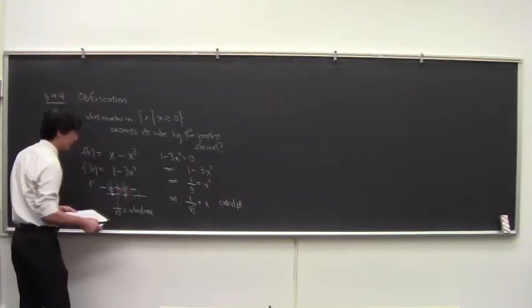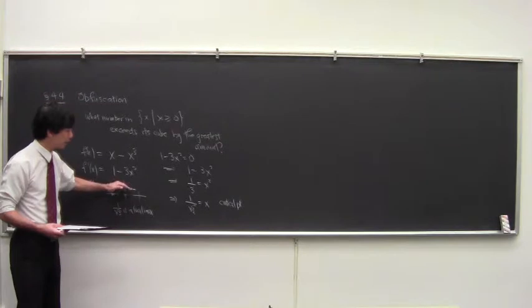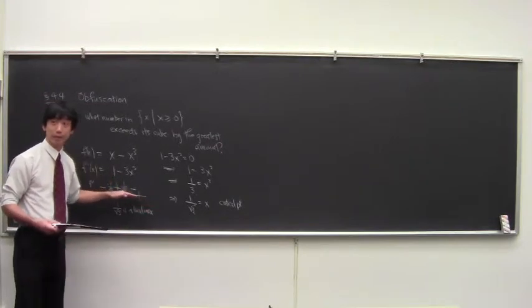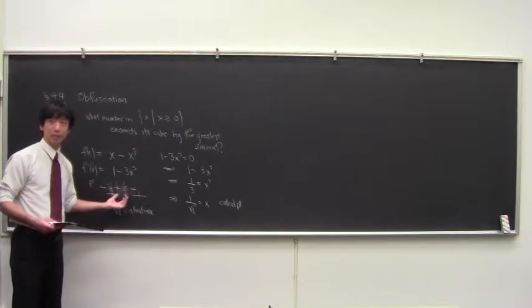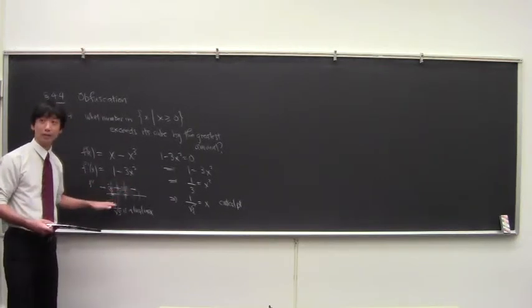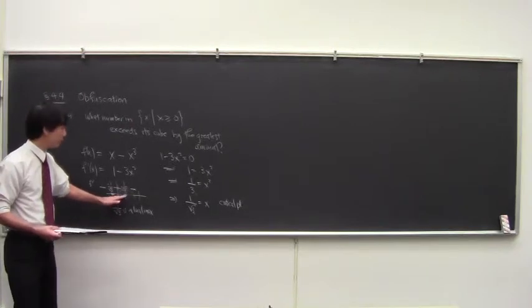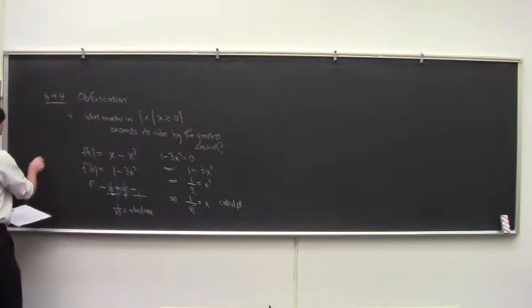You say, okay, well, look, the function is increasing, right? The function's increasing up to here, and then after that, it's always decreasing, right? So in fact, that basically tells you that this is a global max, just by looking at the behavior of the derivative, right? You have a function.